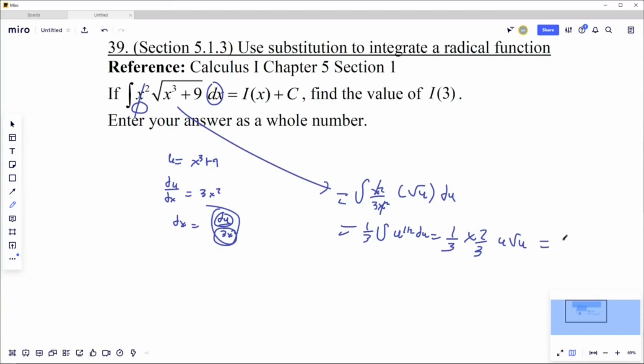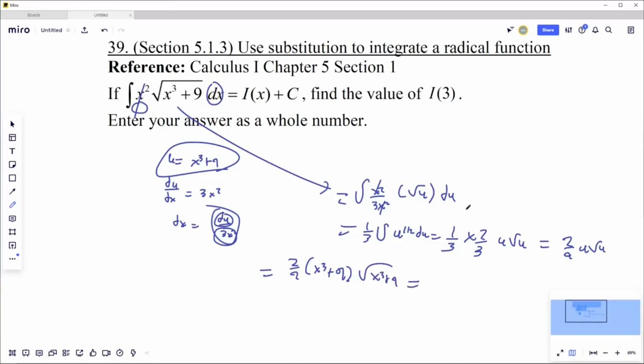Those two multiply, so you get 2 over 9 u square root of u. Let's replace u back by its original value, which is 2 over 9 into x to the power of 3 plus 9 into square root of x to the power of 3 plus 9.